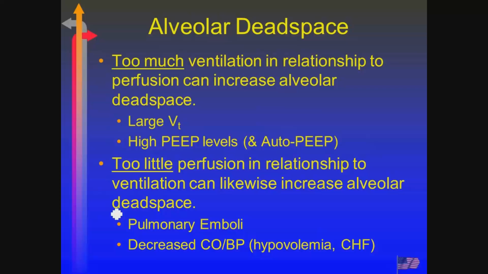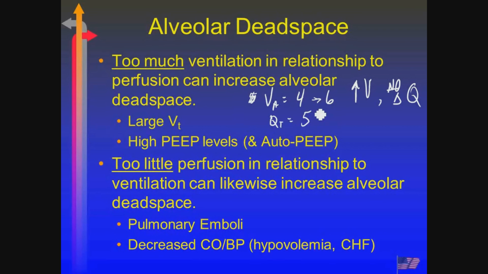Now, this dead space can occur either because ventilation went up or perfusion went down. So in the first case here, I had an increase in ventilation, but no change in perfusion. So my alveolar ventilation went from, let's say 4 to 6, while my perfusion stayed the same.